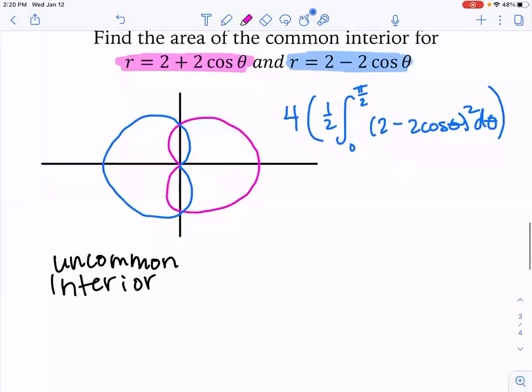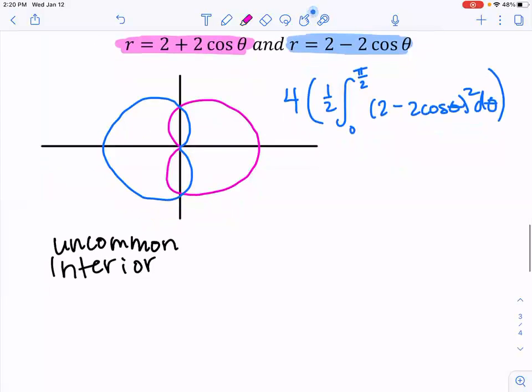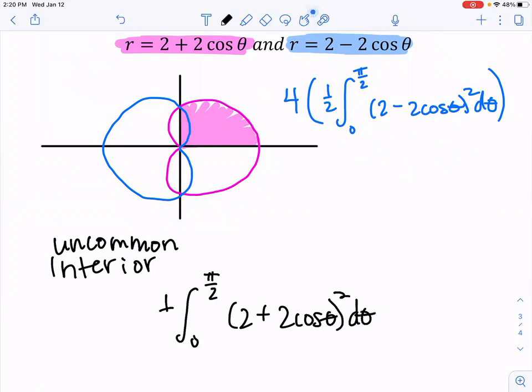Now, if I go from 0, are you watching me color this? If I go from 0 to pi over 2 of our pink graph, so what am I gonna have to do?